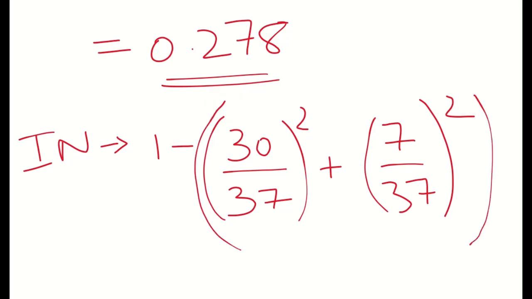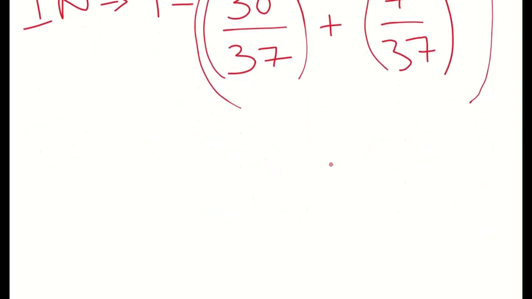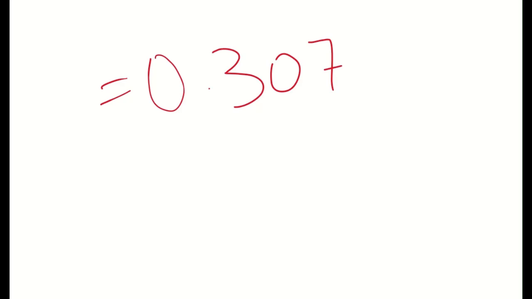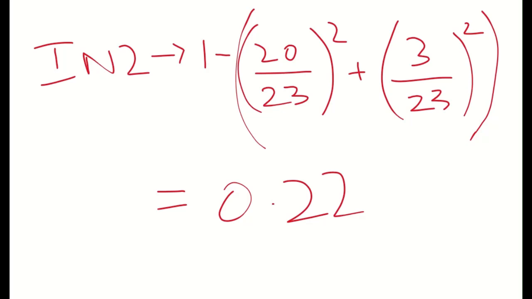The value for this will be 0.307. I have done the calculation for intermediate node 2 in the same procedure. So for intermediate node 2, the Gini index will be 0.22.